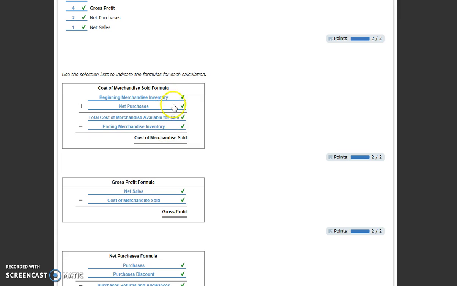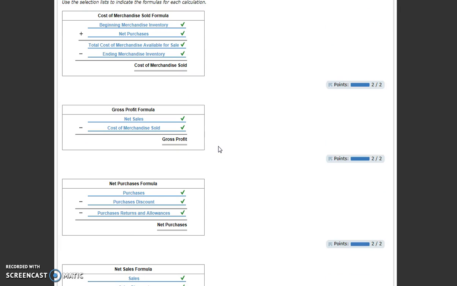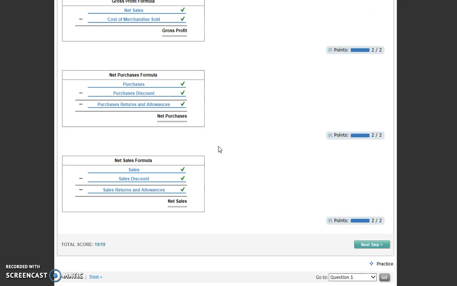Remember, this is January 1st, this is December 31st, and that gives us our cost of merchandise sold. Gross profit formula, that is also on page 477. We have gross profit is the net sales minus the cost of merchandise sold. Yep, again, in the book it says total operating revenue less cost of merchandise sold equals the gross profit.